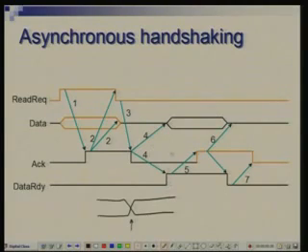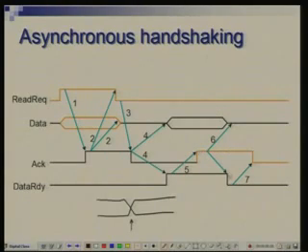So it is this signal which indicates the data is available, and now it is the turn of that device to acknowledge. This change is a recognition of the fact that the device has seen that data is ready, it has read the data and it has confirmed that yes, I have read the data.